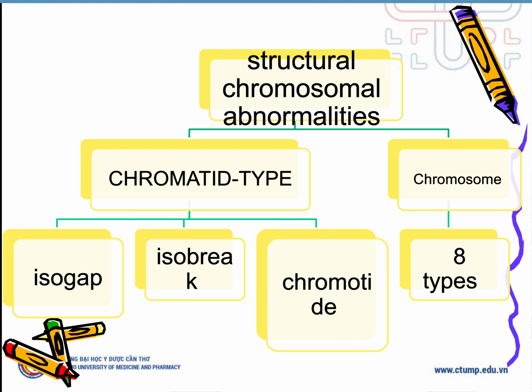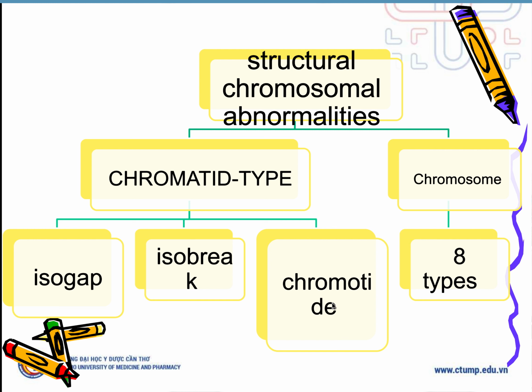The chromosome is lacking a short segment of chromatid, and so they call it isobreak.